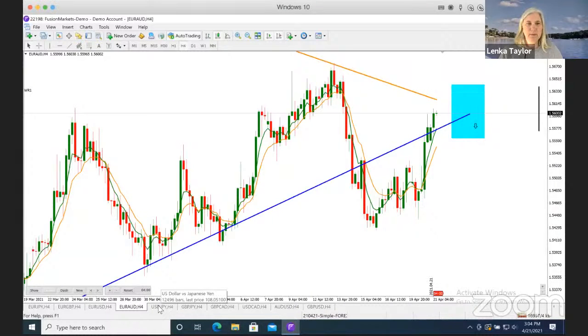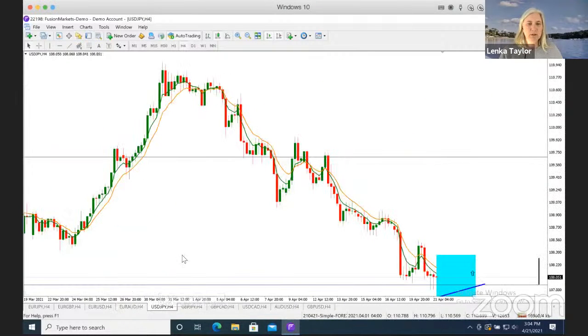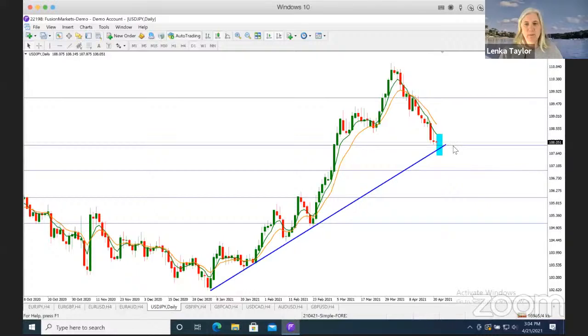Next currency pair I'm going to have a look at is Usd Jpy. So with this one, I'm looking for a long. In terms of the trend, we just had the pullback down to the trend line and to the horizontal support line.